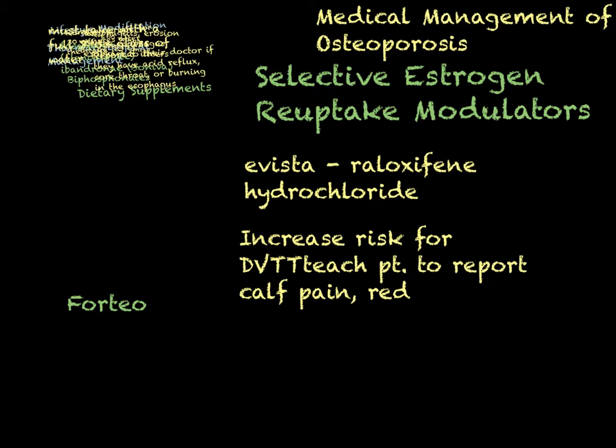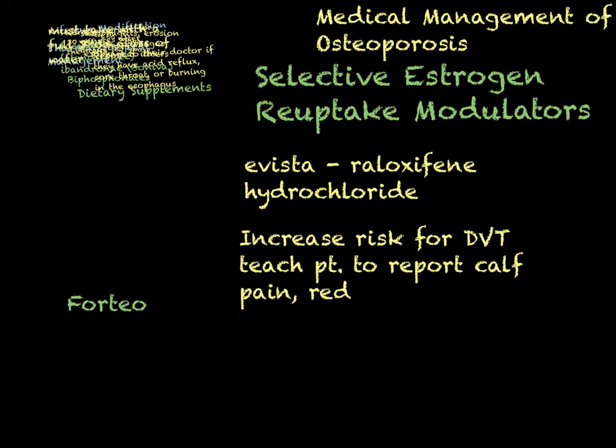They sort of give you that hypercoagulable state. So this is something that your patient should know, and they should be aware that they need to report to their doctor immediately if they have calf pain, redness, heat or swelling, especially on one side.